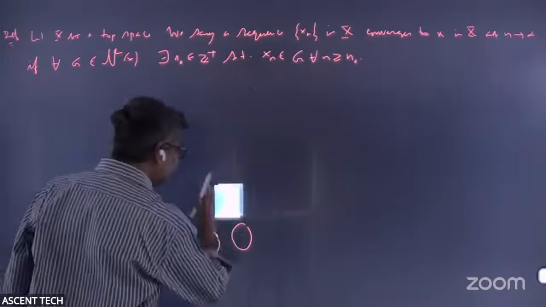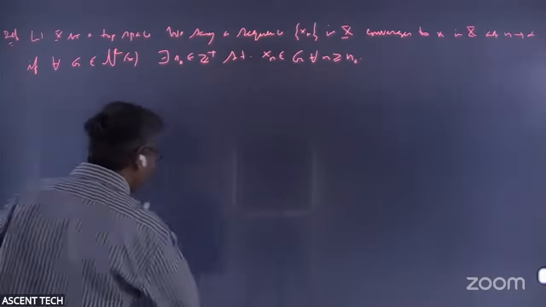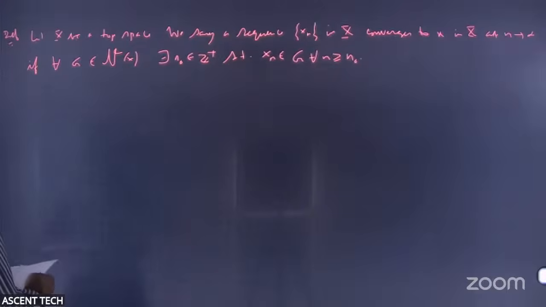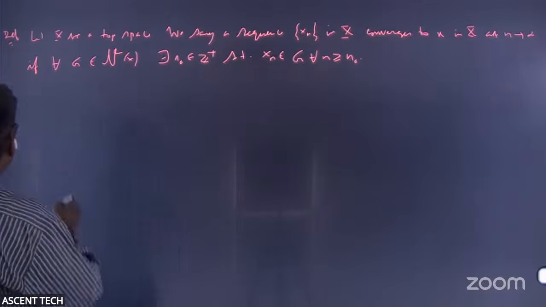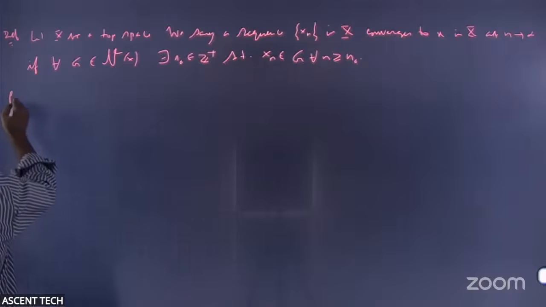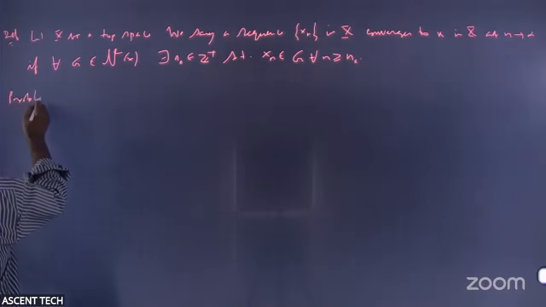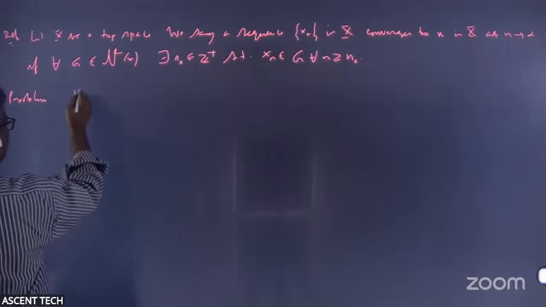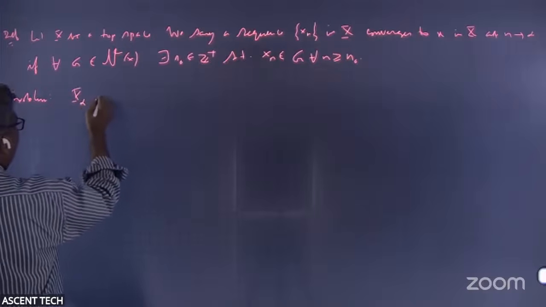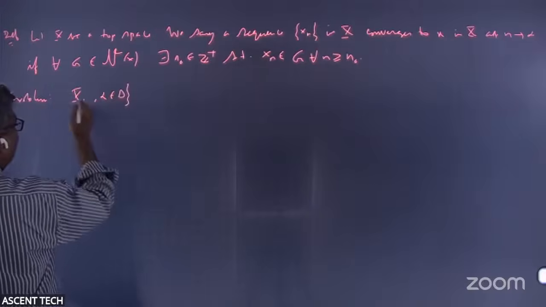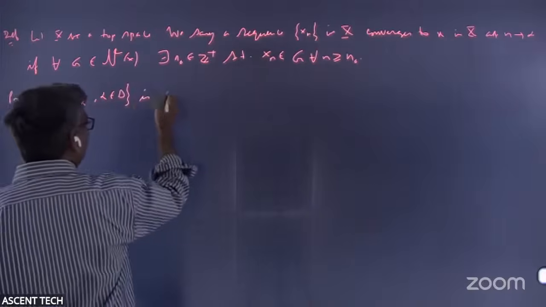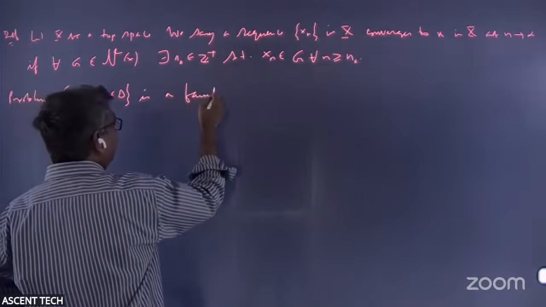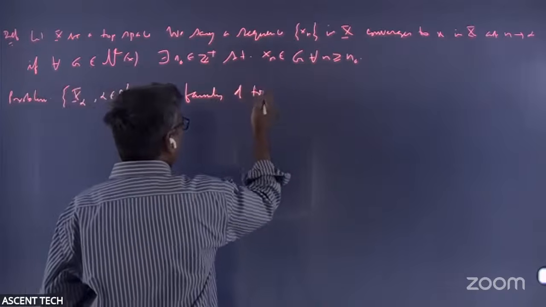Okay. So let us see what this would really lead to. I'm going to take a family of topological spaces and their product. X alpha, alpha belongs to delta, is a family of topological spaces.